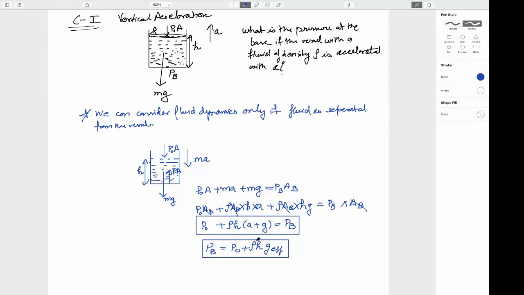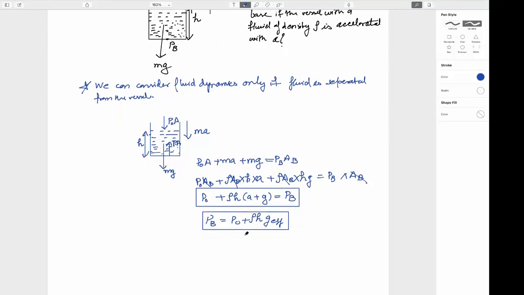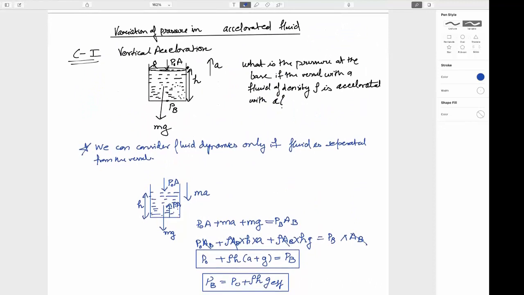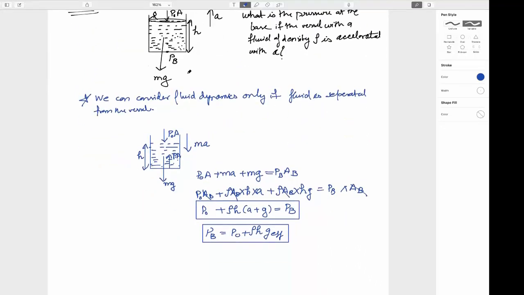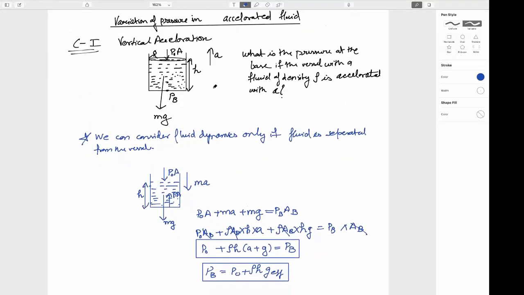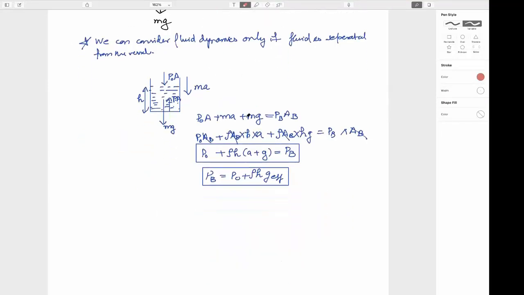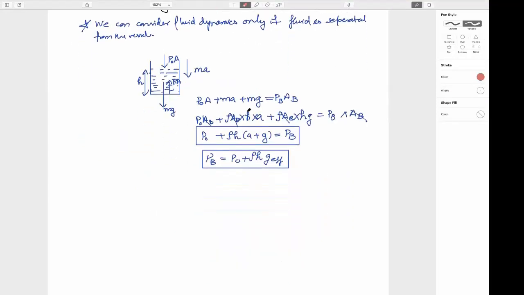So let's say this moves in the opposite direction. If it is accelerating in the opposite direction instead of this direction, then the only change that will happen is that ma becomes minus ma.